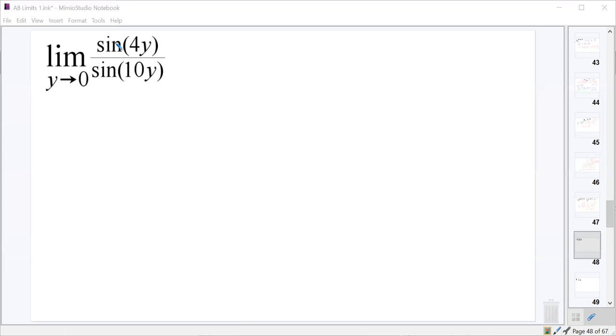So here we got the limit as y approaches 0 of sine 4y over sine 10y. Any thoughts on this one? It's different than the cosine one, obviously.